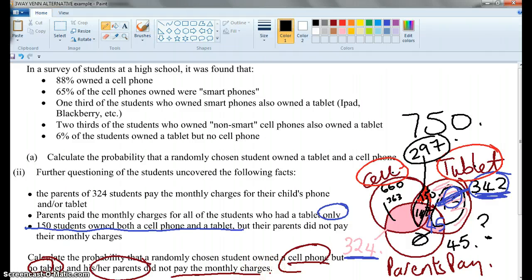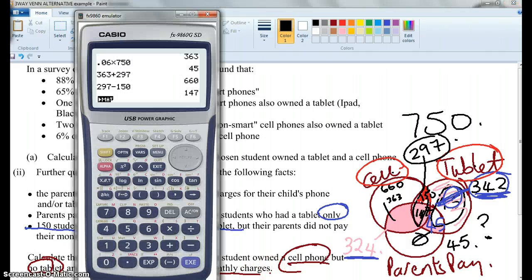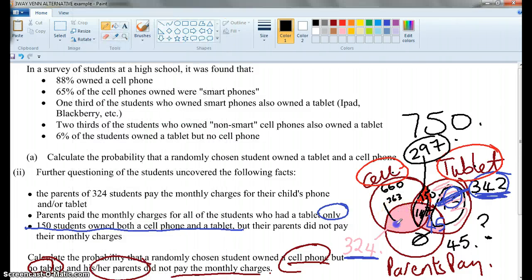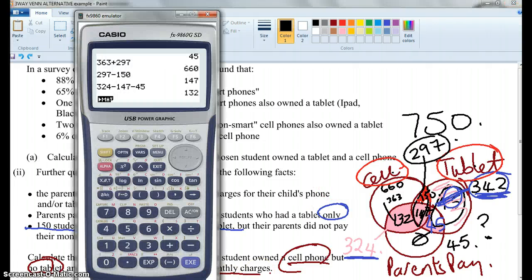Now if I take my 324 and I minus my 147 and I minus my 45, I actually get 132. So if that's 132, then, whoops, if I take 363 less my 132, I get my 231.